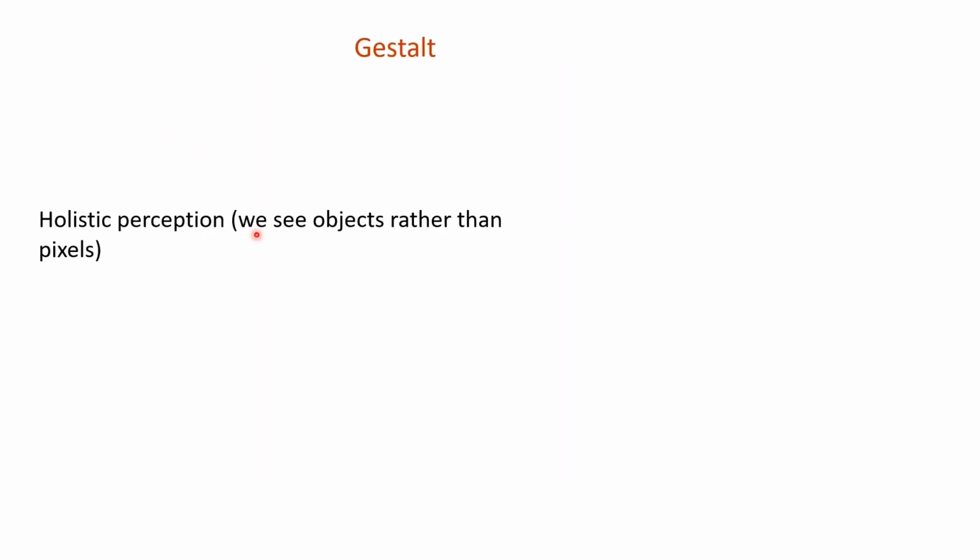So rather than viewing individual pixels in a visual image, we tend to see objects that are familiar to us. This is also described in psychology literature as the idea of Gestalt, which basically refers to the idea that an organized whole can be more than the sum of its parts. What we perceive finally can be very different from what is happening at the level of individual receptors.